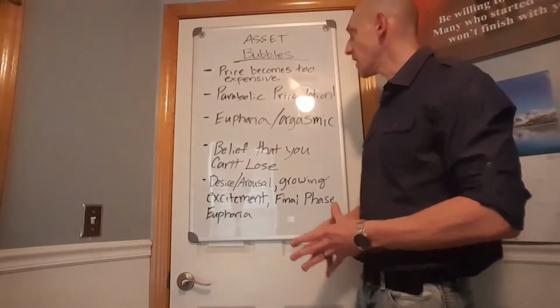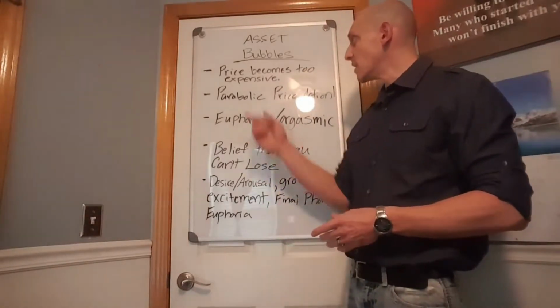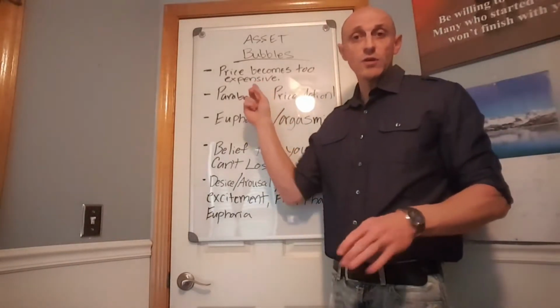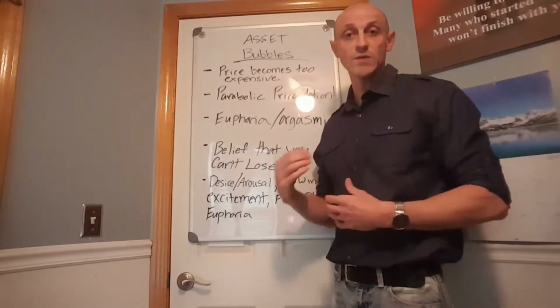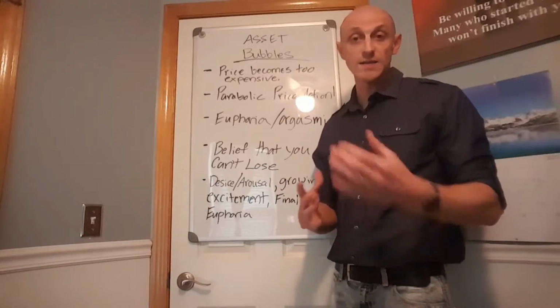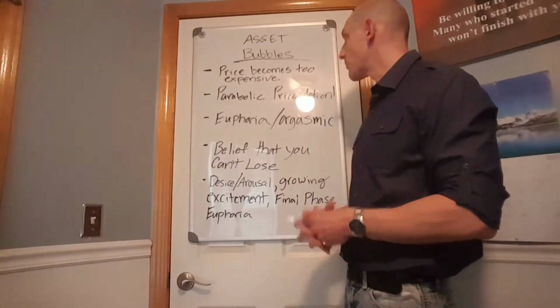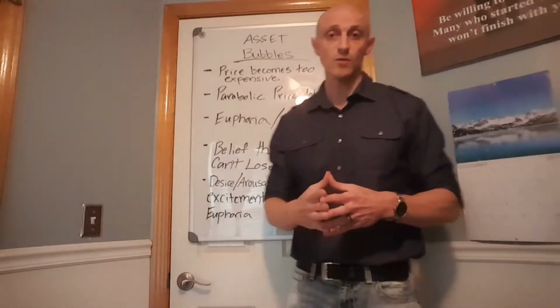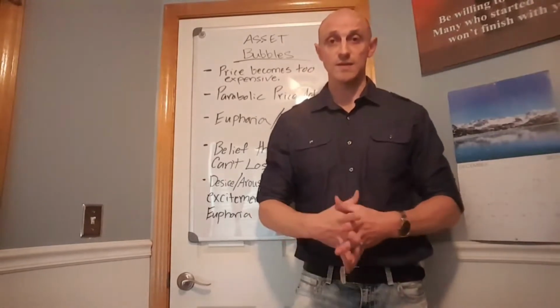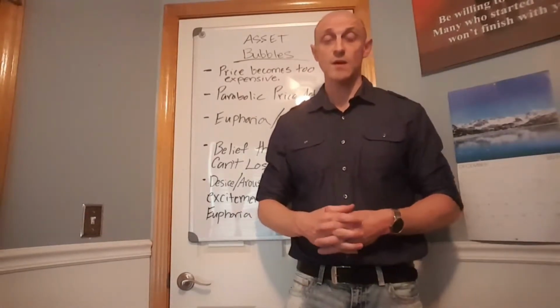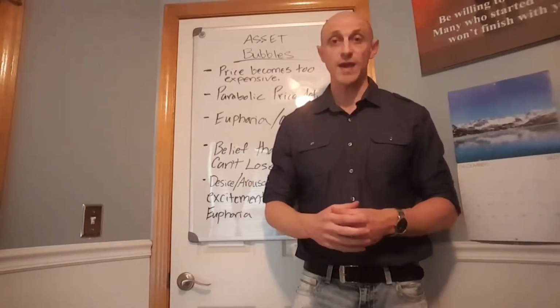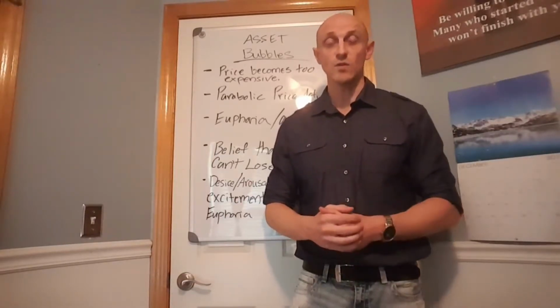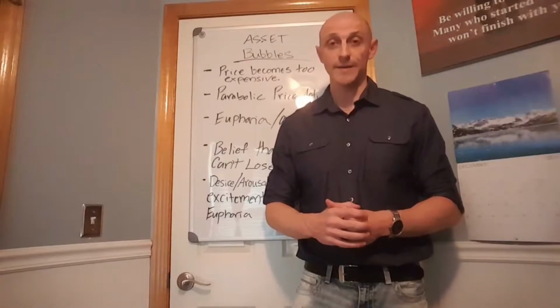Getting started on asset bubbles, the number one indicator, and this is just my own opinion, when you're going into an asset bubble or a stock market bubble, is when the price becomes too expensive for ordinary folks, people like you and I, the retail investor. Let's say you're paying $150 to $200 per share.